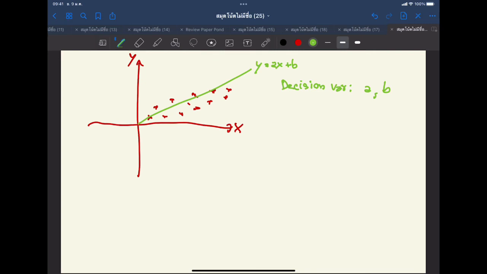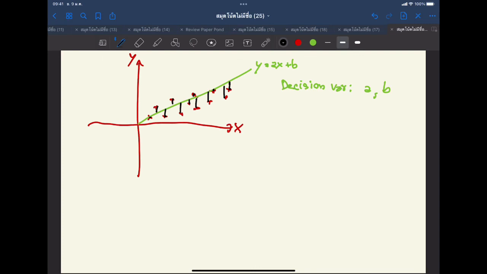And we have to adjust a and b in order to obtain the minimum error, the minimum summation of deviation. So that means a minimum error. So what is the error? The error is the summation of the deviation of the predicted correlation from the experimental data.